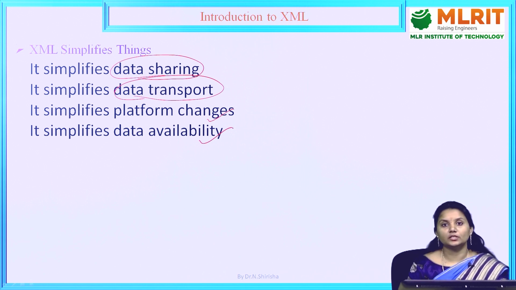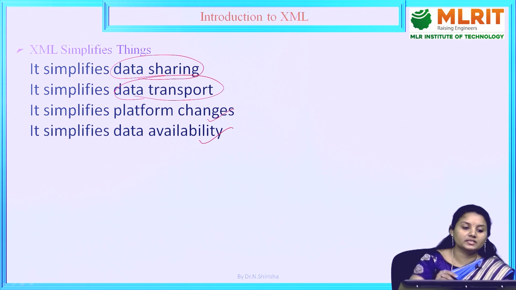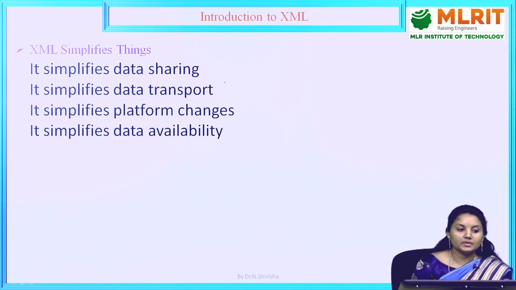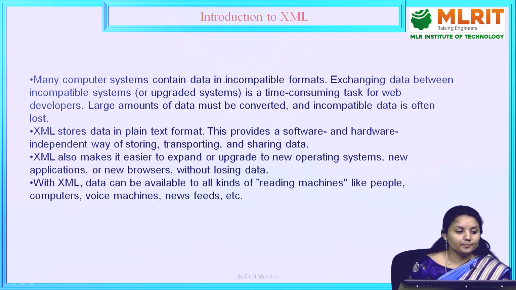Whatever data you give will be available in all aspects, irrespective of the software or server you are using. It will be compatible with every software, every tool, so data can be shared and transported very easily. This is how XML is used.